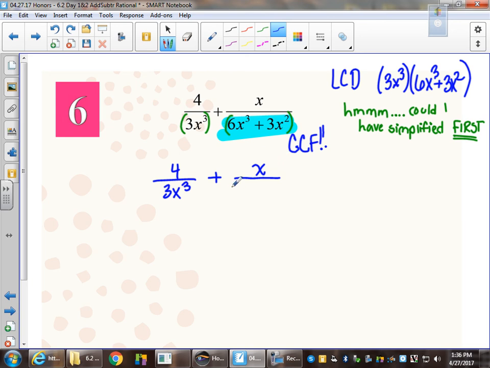I see 6 and I see a 3, so I can factor out 3. There are 3 x's here, 2 here, so I can factor out a single x. And then ask yourself, what does that leave behind? Three times 2 is 6. There were 3 x's. I factored out 2 of them, leaving 1 behind. I factor out a 3x squared, that leaves plus 1.